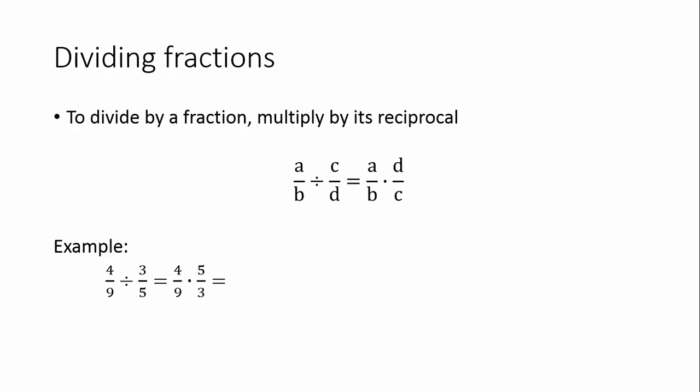So you'll notice here in the example we have a over b divided by c over d. So we're going to keep the a and the b the same. We're going to change the division to multiplication. There's the multiplication. And then you're going to take the reciprocal of the second fraction. So then there's the reciprocal. Instead of c over d, we now have d over c.